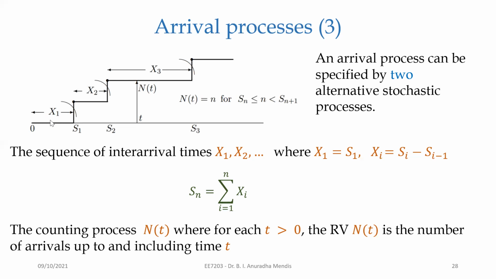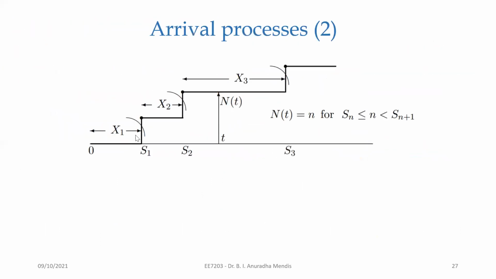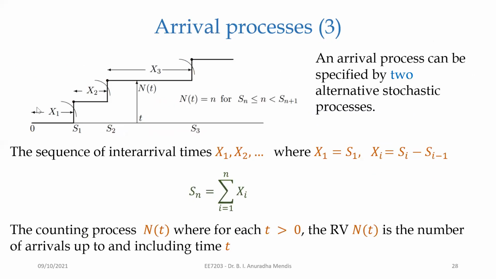Now let's say this X1 is a random variable which follows the Poisson distribution, which we explained here. And remember, X2 also follows the same Poisson distribution.